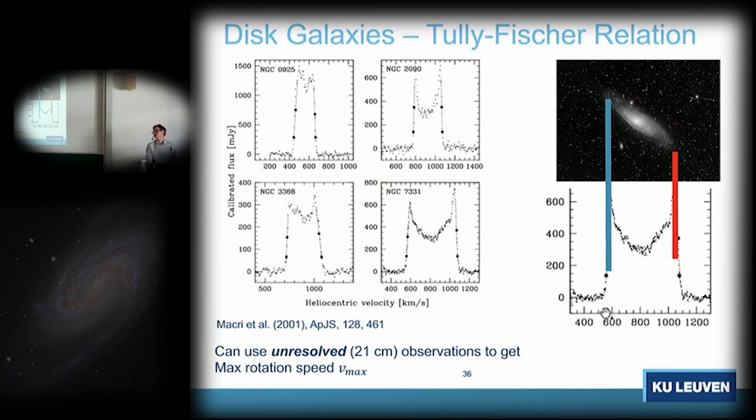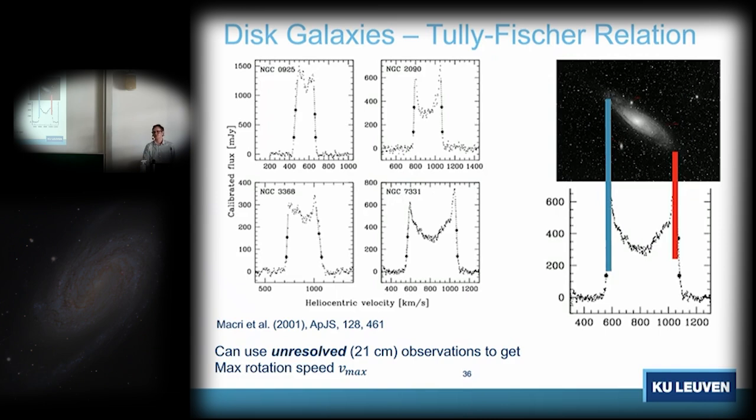This is now put in velocities, so you just use the Doppler formula. You have to correct for the motion of the galaxy, and then you measure the width. You get the total velocity width, and you relate that to the maximum rotation speed of the galaxy.